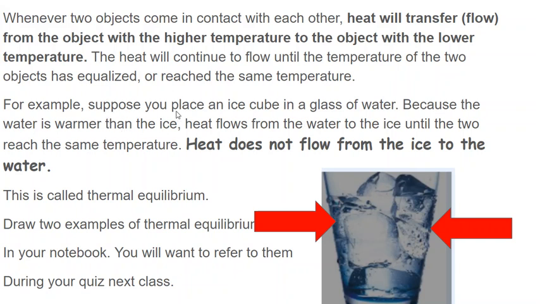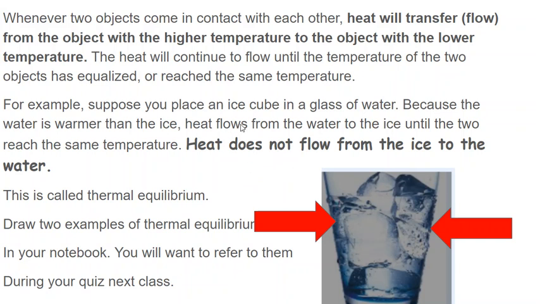So for example, suppose you place an ice cube in a glass of water. Because the water is warmer than the ice, heat flows from the water to the ice until they reach the same temperature. Heat does not flow from the ice to the water.